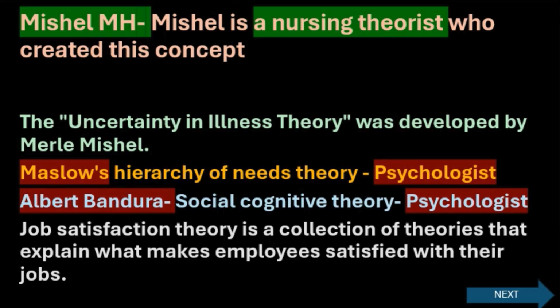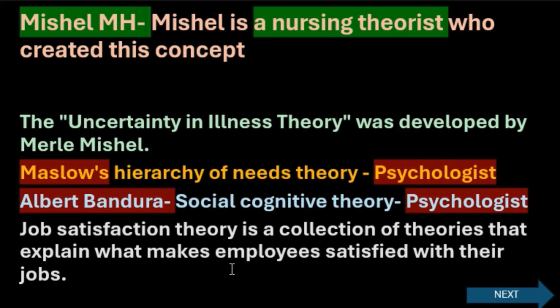The other theories like Maslow's hierarchy of needs theory is done by Maslow, who is a psychologist, and social cognitive theory is done by Albert Bandura. He is also a psychologist. Job satisfaction theory is a collection of many theories that explain what makes employees satisfied with their job. So the right answer here is uncertainty in illness theory, developed by a nurse.